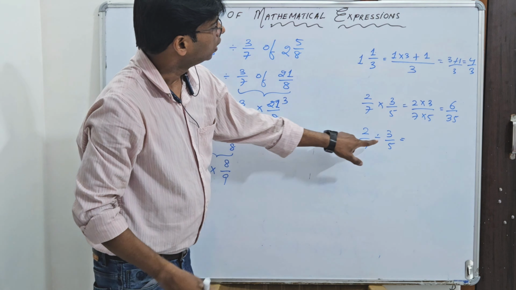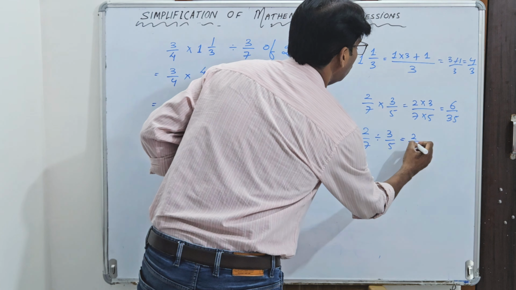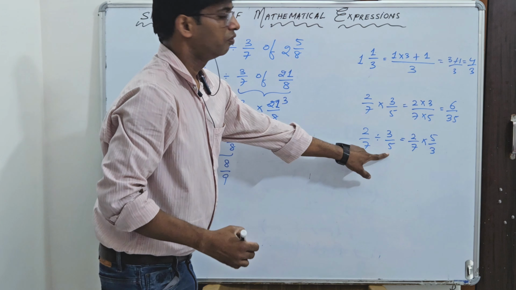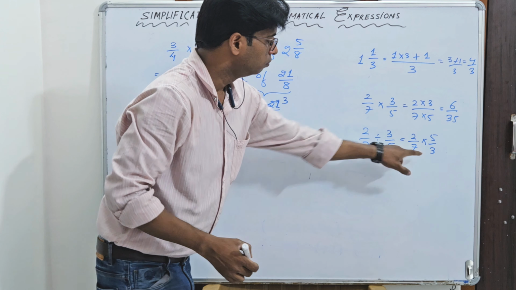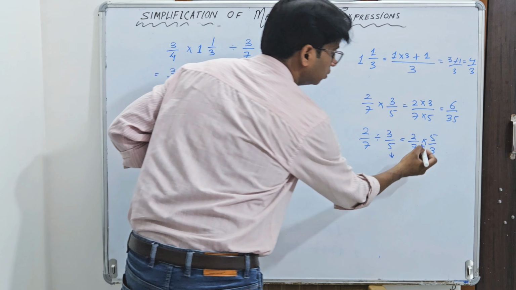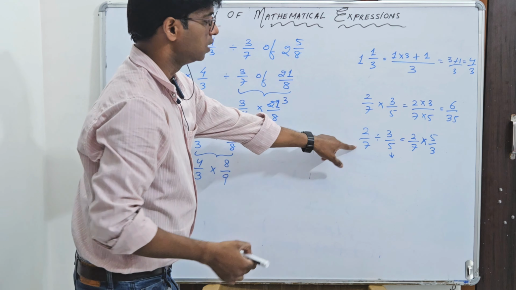2 by 7 divided by 3 by 5. So what will the answer be? 2 by 7 will be multiplied with the reciprocal of 3 by 5, because division is followed by multiplication, we can say. This divisor will be the reciprocal and will be multiplied by 2 by 7.